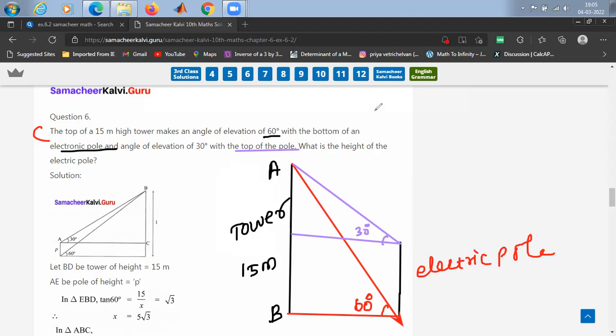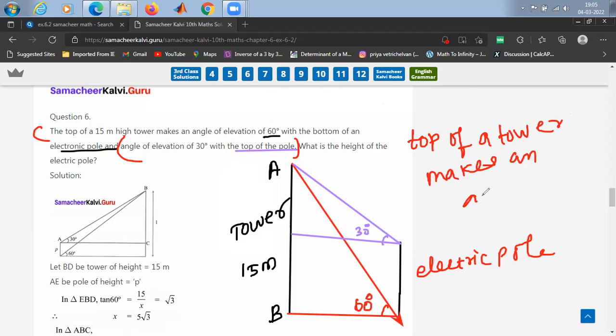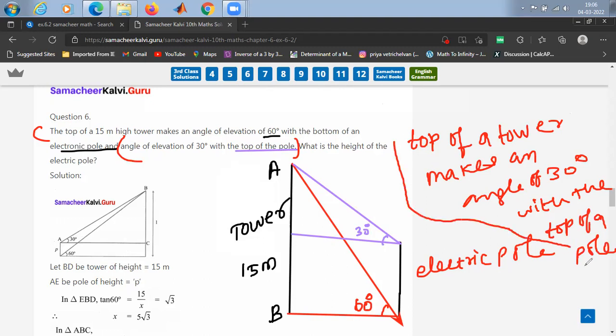See, you have to rewrite this as: top of a tower makes an angle of 30 degree with the top of a pole. For the purple one, I'm writing this.